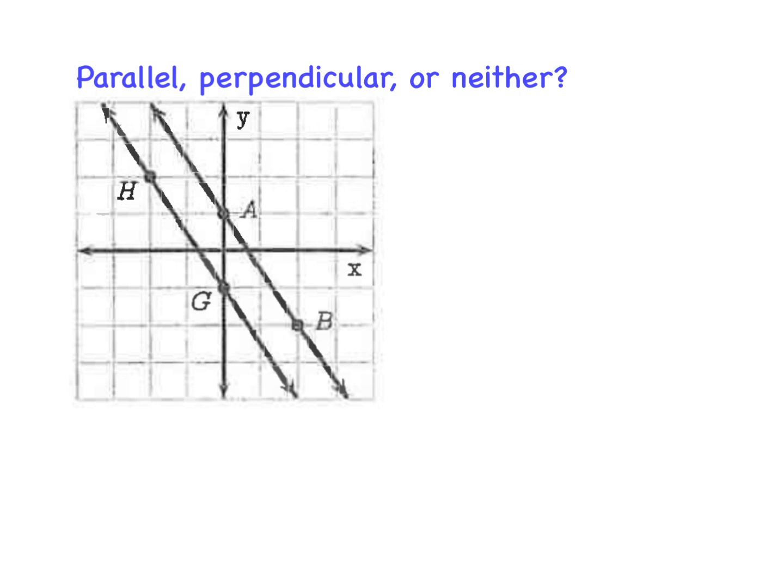Now you can, if you want, pull the points out and then do the formula. But what's the other way we can find slope when we have it drawn? Rise over run, right? To me, it's a lot easier to do it that way. So we want to find, remember, M stands for slope, the slope of line HG. Then we want to find the slope of the other one, which is line AB.